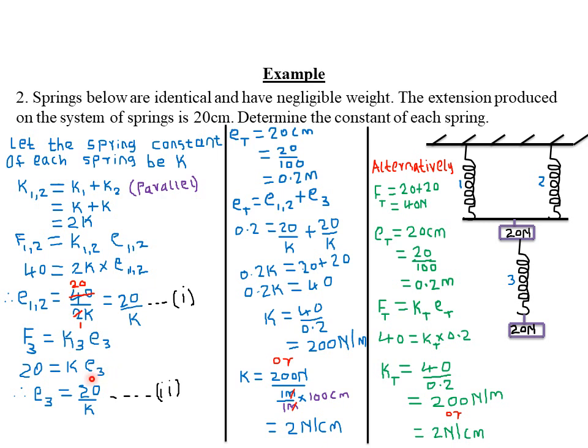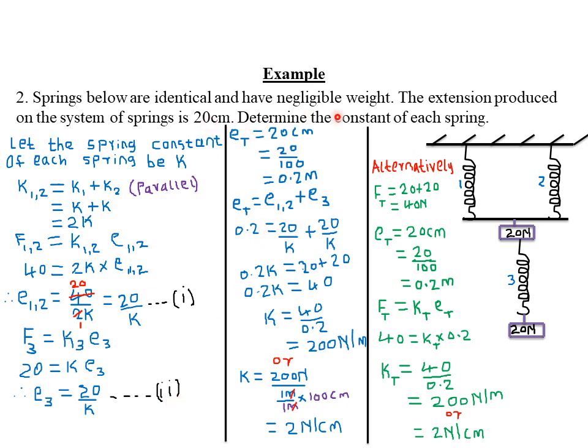So if I make E3 the subject of my formula, I'll divide both sides by K. K divided by K will cancel out, so that we remain with 20 over K. Therefore E3 will be equal to 20 over K, which I'm naming equation Roman 2.